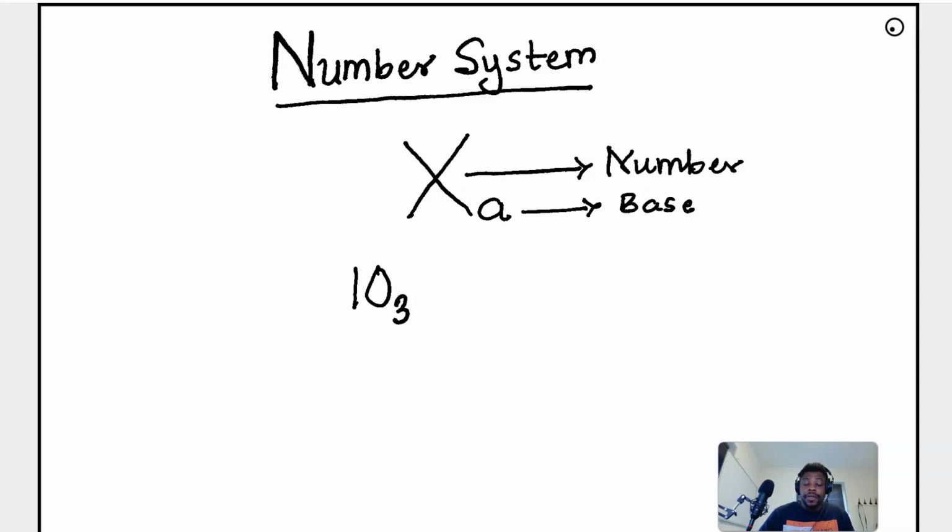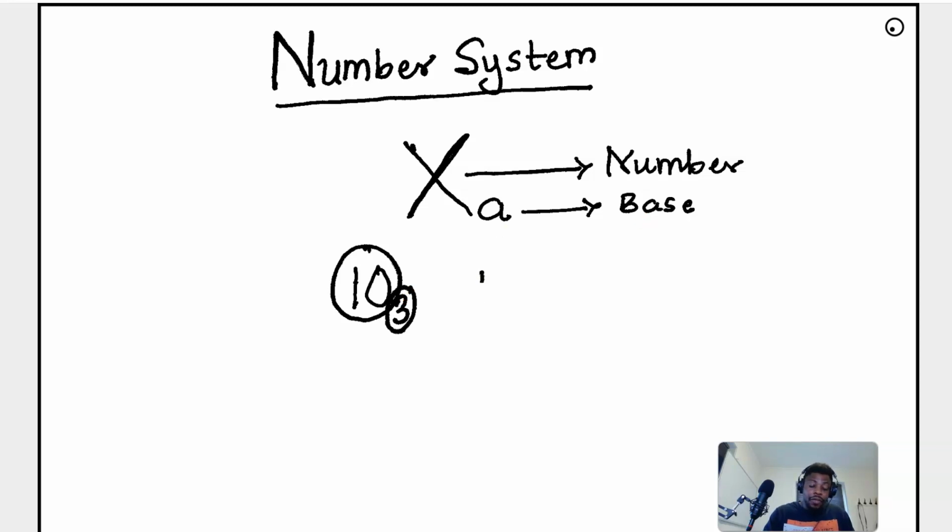For an example, if I have 10 with 3 as subscript, the number here is 10. That is the number. It's the same thing as saying x. So 10 is the number, and 3 down here is the base, same as a.